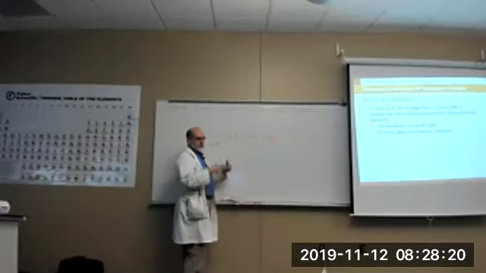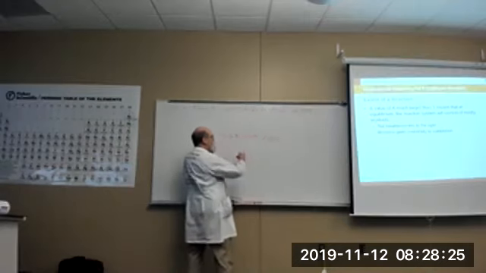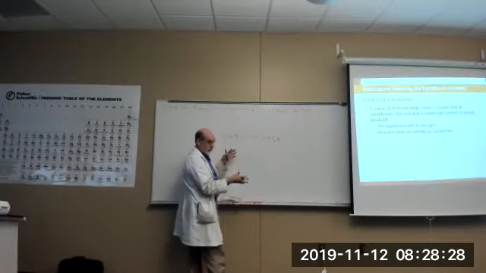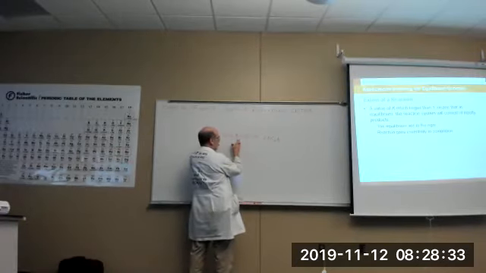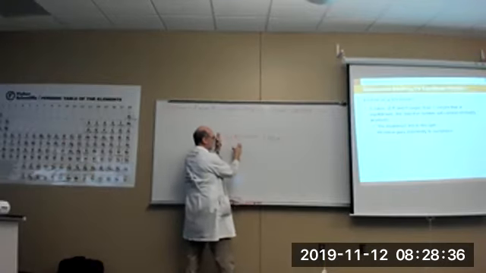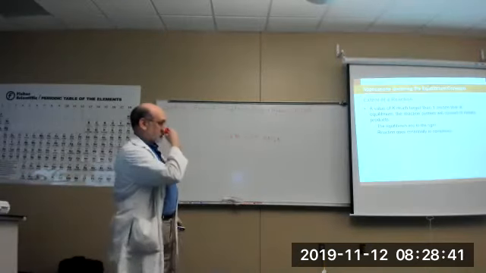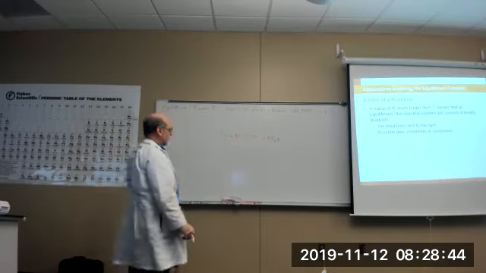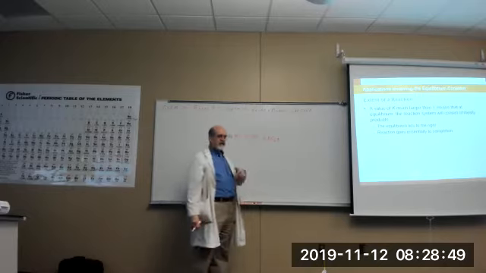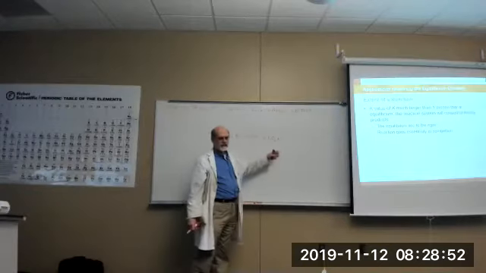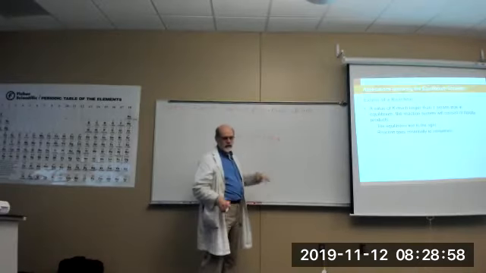Conversely, if the K value is much, much less than 1, very small, that means at equilibrium you're going to have a high concentration of reactant and a low concentration of product. Okay. So if the K value is extremely large, we can say that the reaction goes virtually to completion. That is, most of this is consumed and gives you all product. That will give you a huge value.